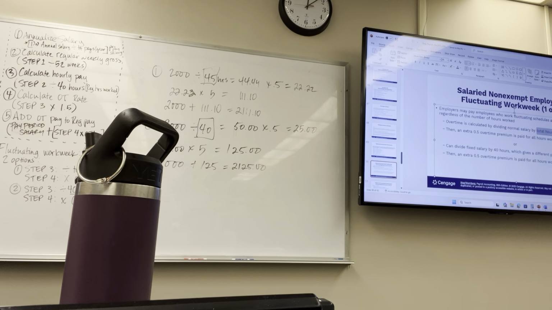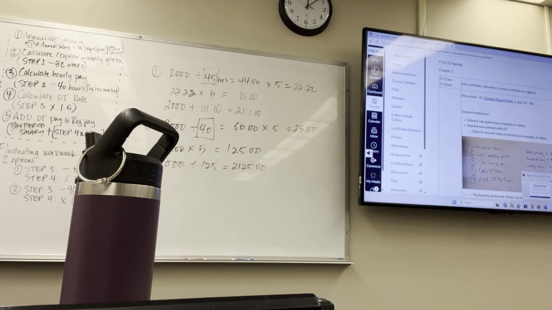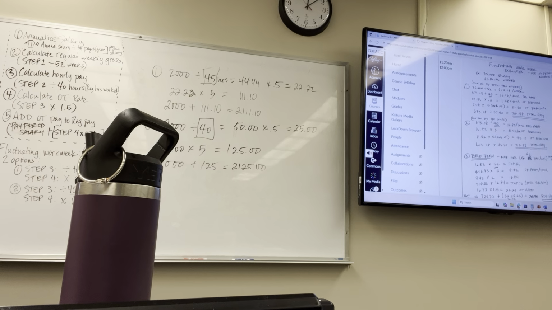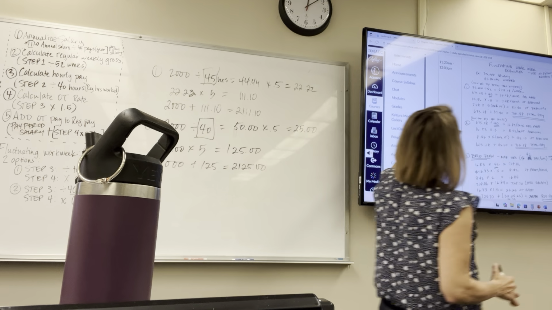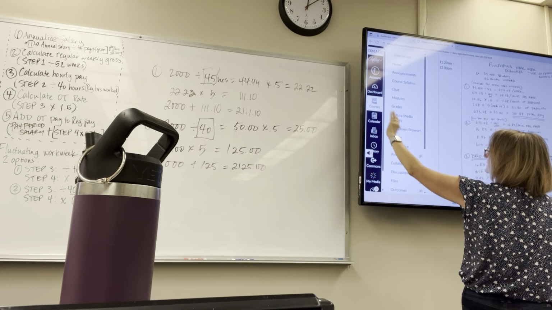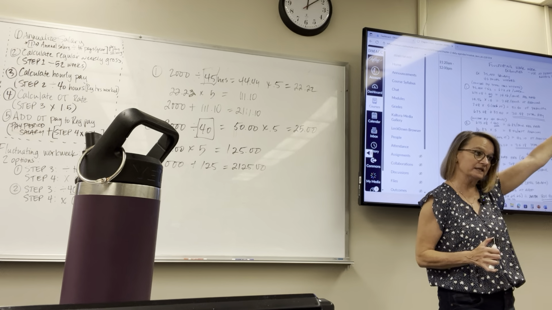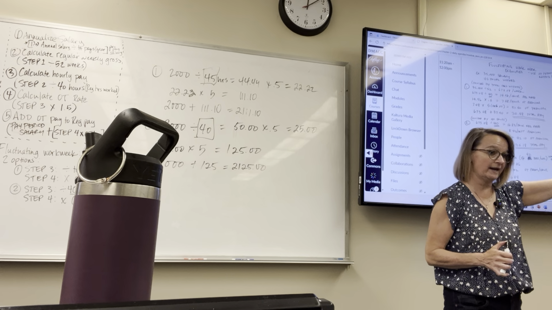So those are the two different ways for the fluctuating work week. I've got an example as well where this is a $35,000 salary and they worked 45 hours. It shows you the two different ways of calculating it. In this one, I just gave the weekly pay here, but you'd have to calculate what the weekly pay is to get to that hourly rate.